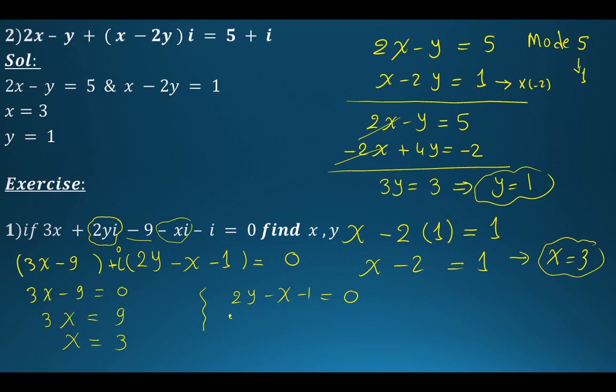Here 2y we write as it is, 2y minus x, and x equals 3, so minus x equals negative 3, minus 1 equals 0. 2y minus 4 equals 0, so 2y equals 4, divided by 2, so y equals 2. So x equals 3 and y equals 2.